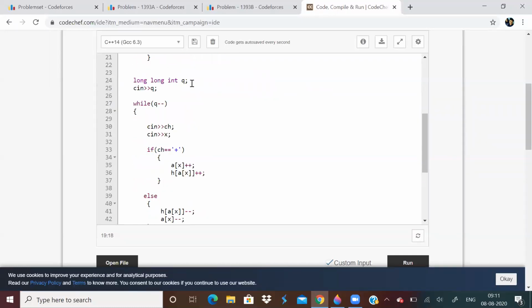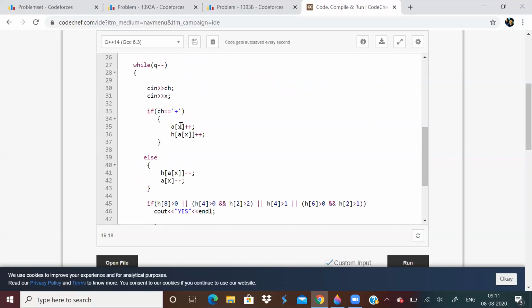So now we take the input Q, and every query has 2 inputs. So if CH is equal to plus, then we increase the frequency of that Planck.